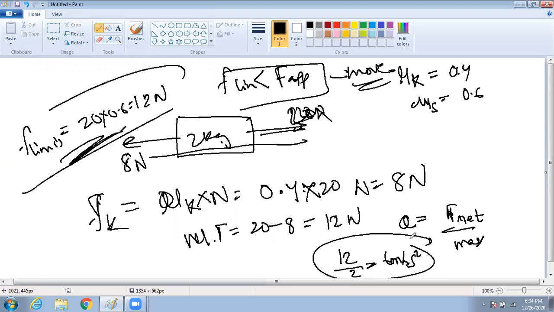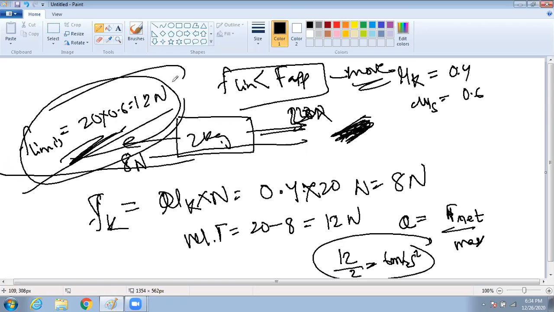Clear? That means your static friction will only tell whether it will move or not. Once it moves, static friction is no more applicable. That's why I did not include static friction here, because static friction will tell if the body will move or not. Once the body moves, this part is irrelevant. It is not applicable. You only talk about Fk.